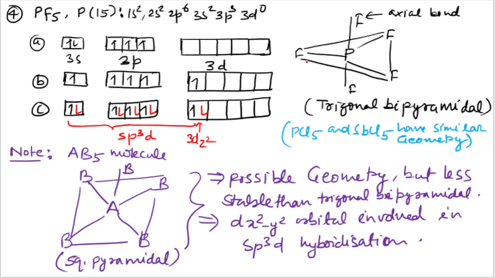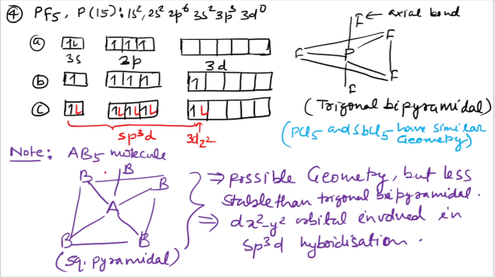Three fluorines are in a triangular form, and one fluorine forms the axial bond. This axial bond formation uses the 3dz square orbital. These kinds of structures have similar geometry.